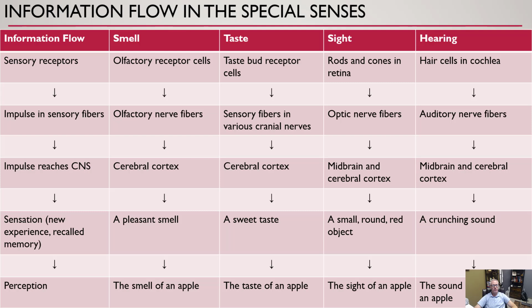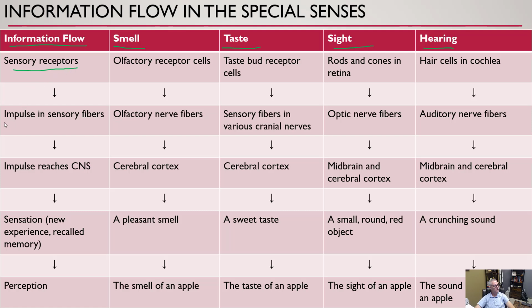All right, so with our different special senses, smell, taste, sight, and hearing, we have kind of like a flow of information of how things are going to come about. And you're going to need to know a little bit of information about how this information flows. So first of all, we have our sensory receptors that are going to pick up the information.